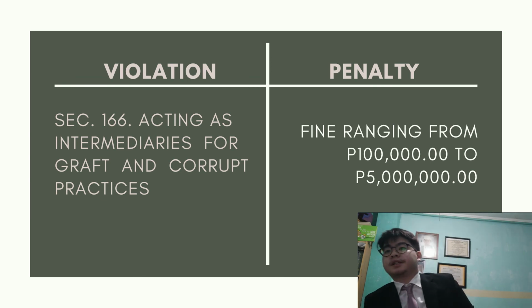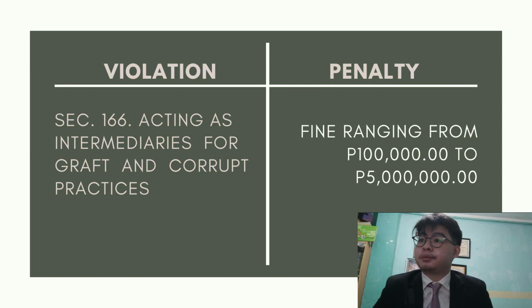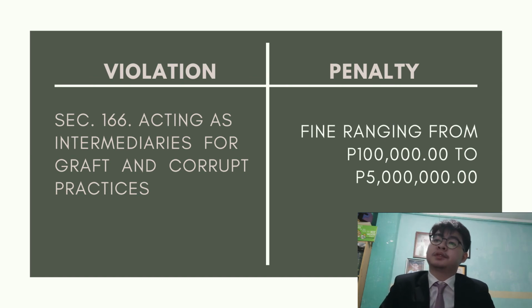When there is a finding that any of its directors, officers, employees, agents, or representatives are engaged in graft and corrupt practices, the corporation's failure to install safeguards for the transparent and lawful delivery of services, policies, codes of ethics, and procedures against graft and corruption shall be prima facie evidence of corporate liability under this section, such as presuming that they have corporate liability.